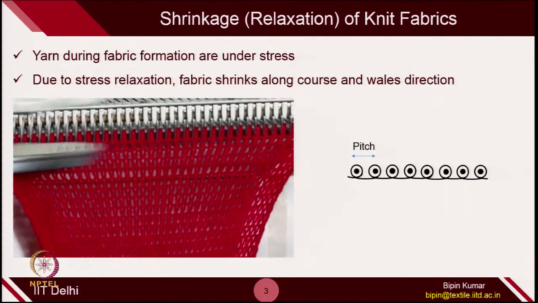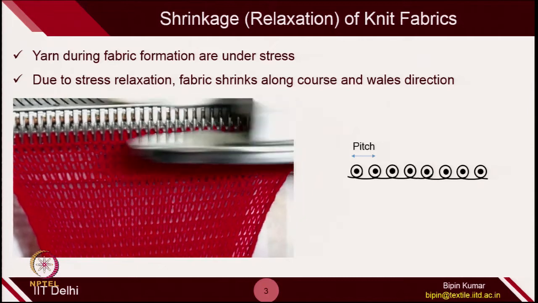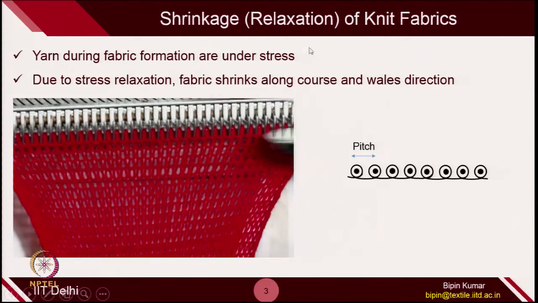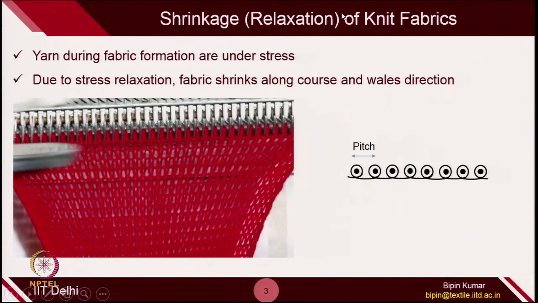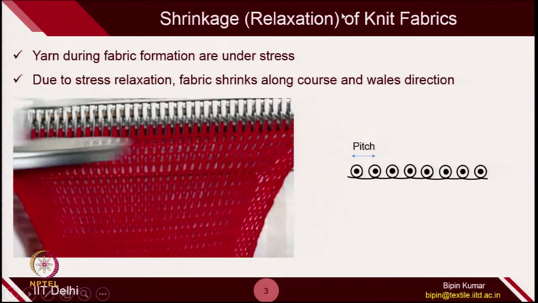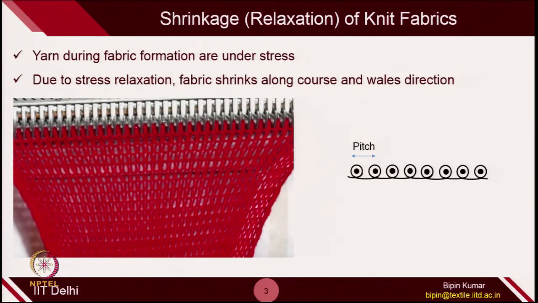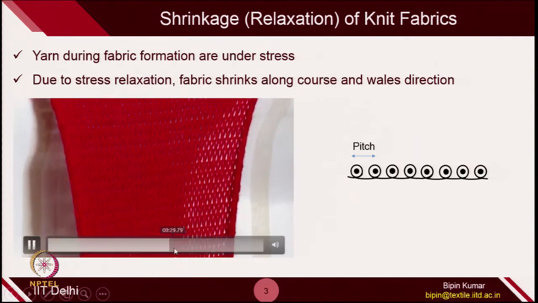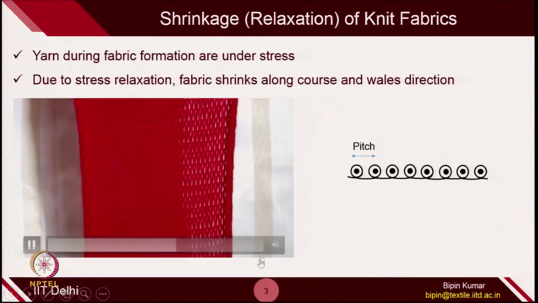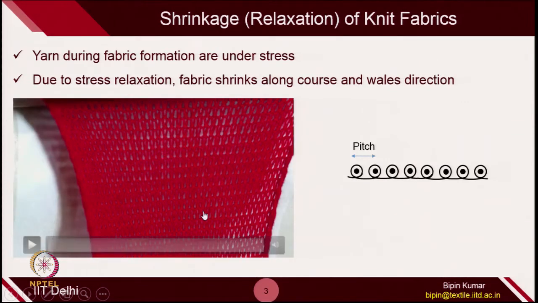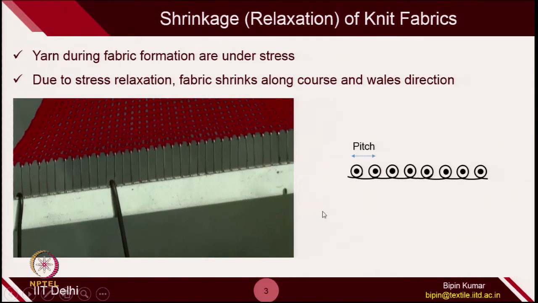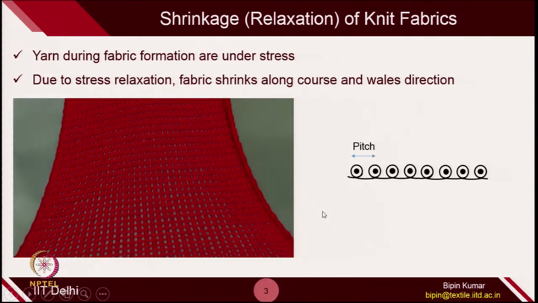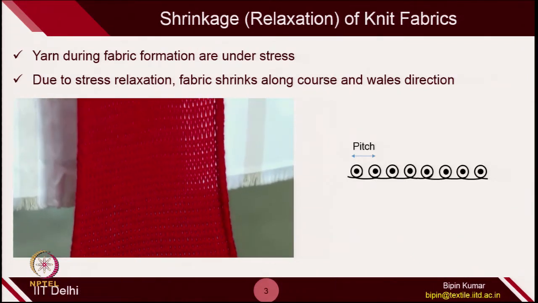So, the yarns during knitting are in extreme stress conditions because you are pulling the fabric from the bottom. Naturally the fabric is under stress, each yarn is being pulled at the bottom side. This is how you apply the dead weight to the fabric and the fabric is under tension.